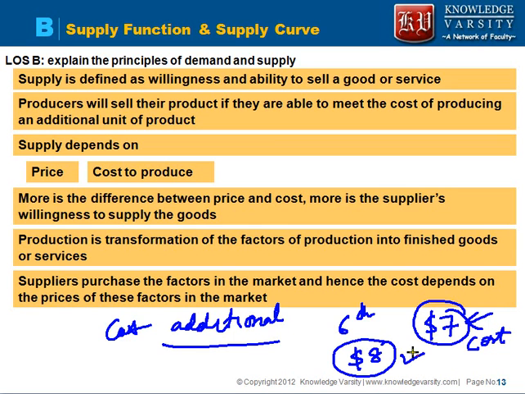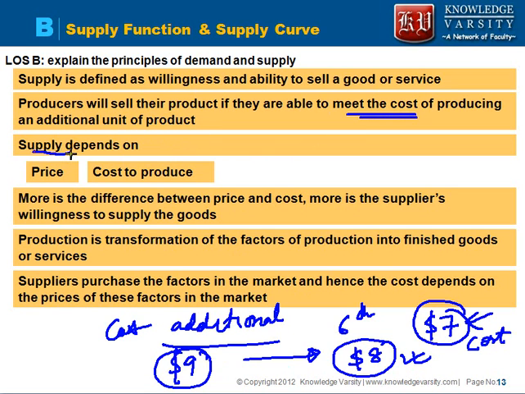The revenue you get for producing this is 8, so you will happily supply. But if the cost becomes $9, you will not supply at $8. If they are able to meet the cost, then they will supply.